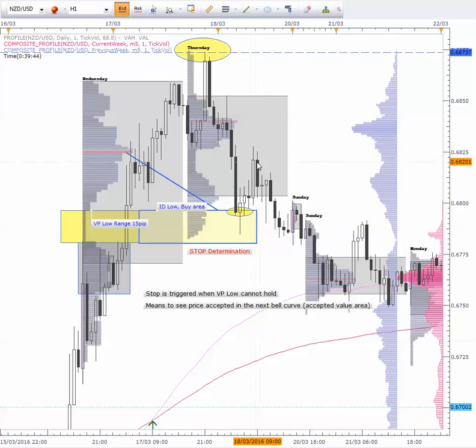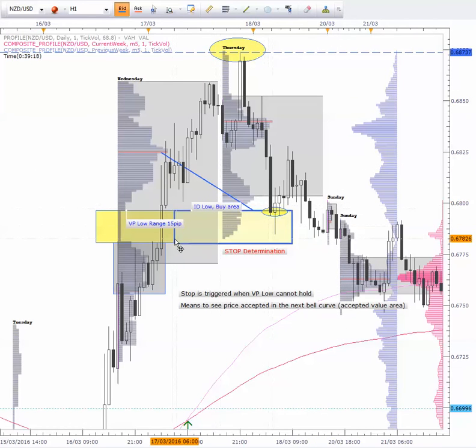This price comes back down into that area here, then I'm looking to see, well, yes.